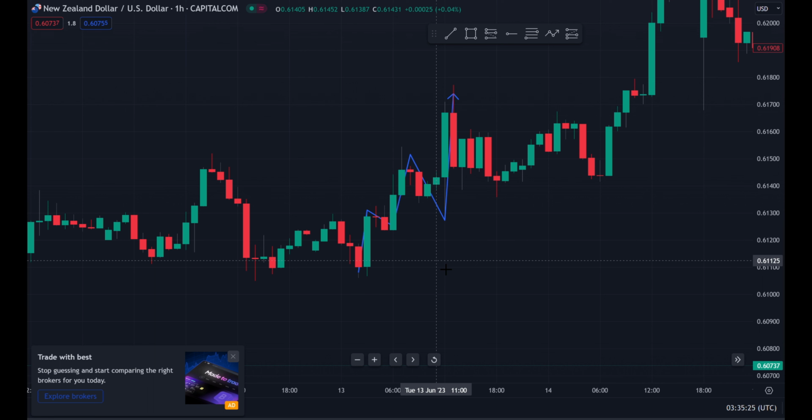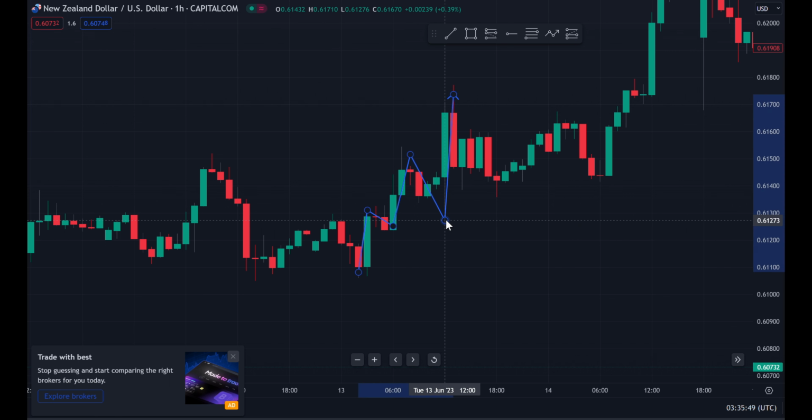Hope you are seeing that. The market made a rally to the top, then started to make a retracement. Sorry, pullback. The market made a rally, then a pullback, then another rally. So the market retraced back to where it started making the first rally.